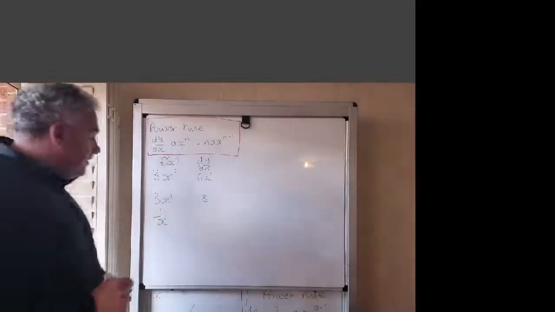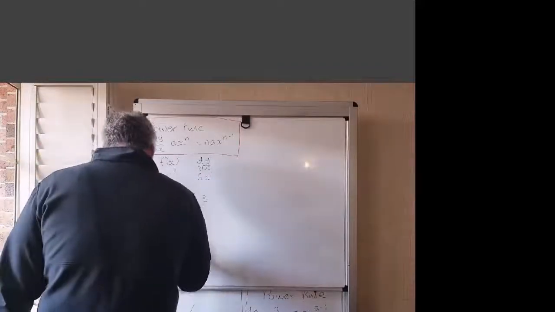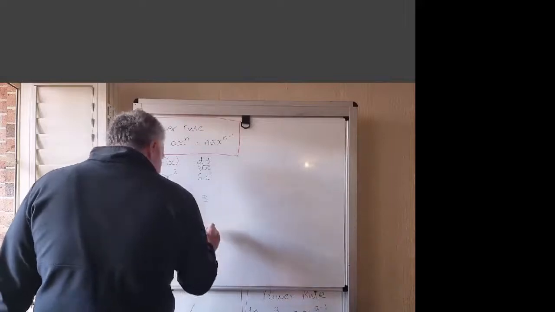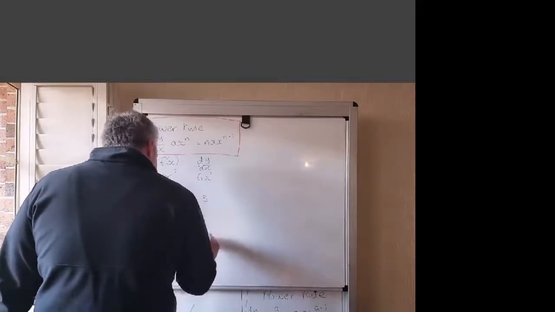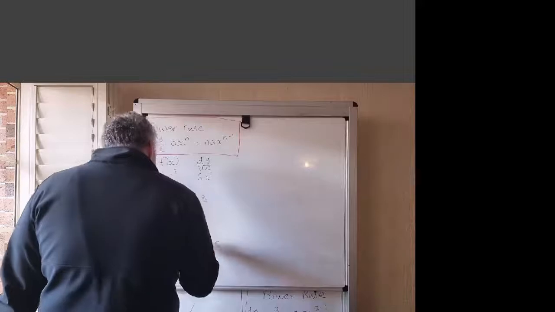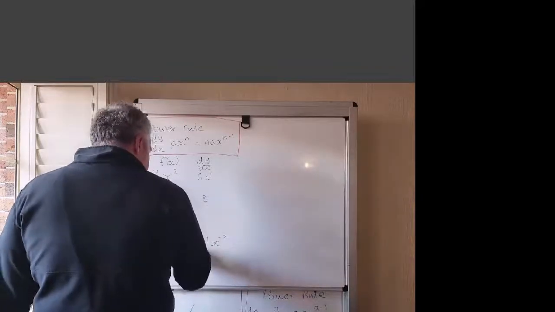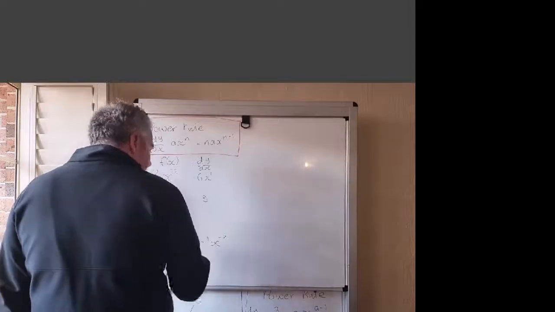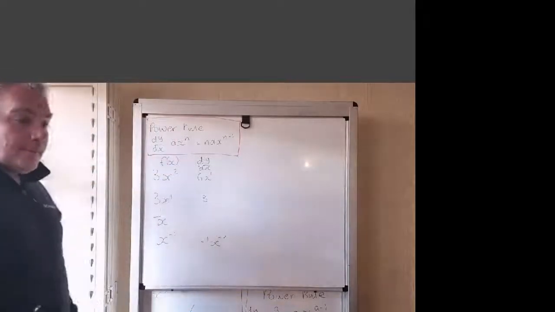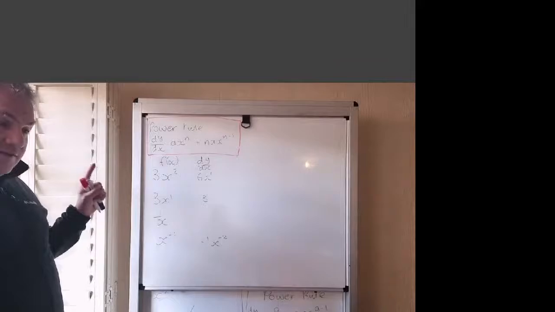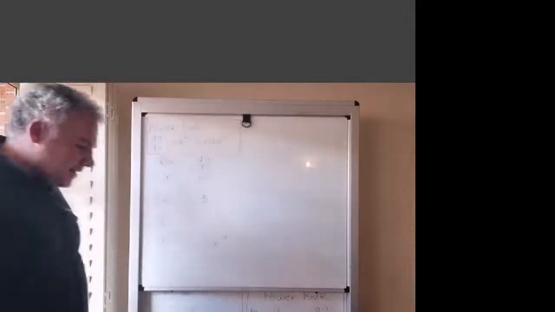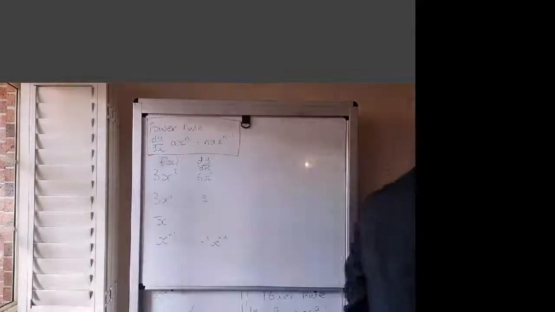So this is x to the minus 1. So our derivative is minus 1x all to the power of minus 2. Minus 1, take 1 is minus 2. Hopefully that all makes a degree of sense. Okay? That's the power rule.